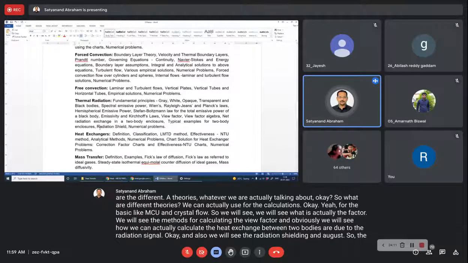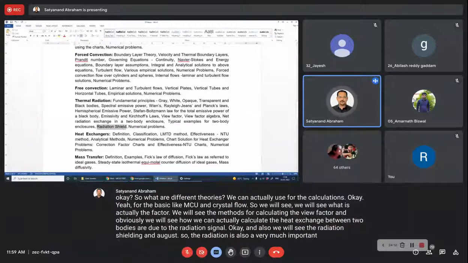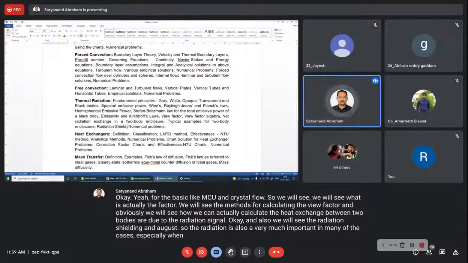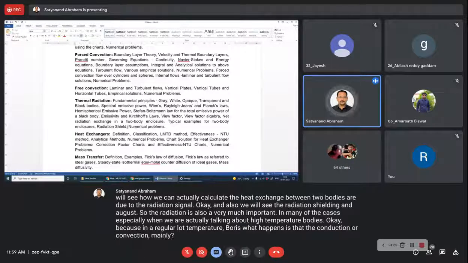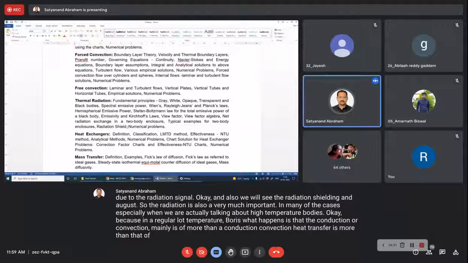Radiation is also very important in many cases, especially when we are talking about high temperature bodies. In regular low temperature bodies, conduction and convection heat transfer is more than that of thermal radiation.